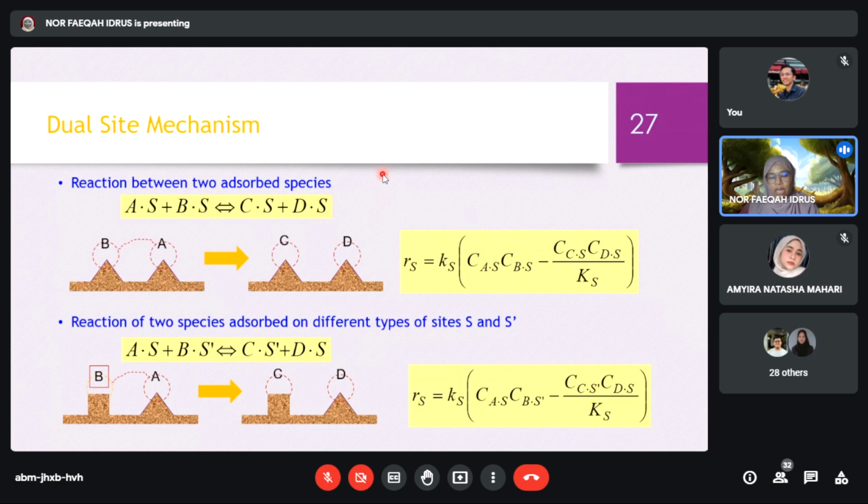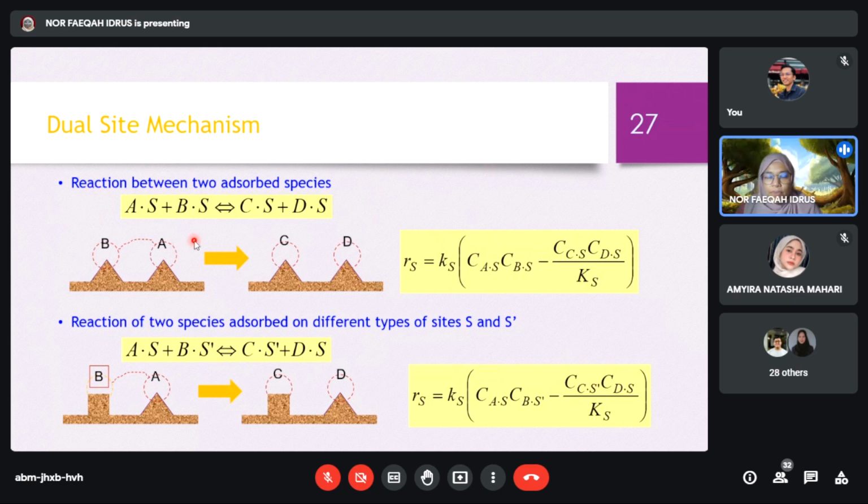So during adsorption there are two steps: first the adsorption of A·S and the second the adsorption of B·S. How this adsorption occurs, we will look at next week. We will look at the overall reaction, and it becomes clear when there are two adsorbed species.